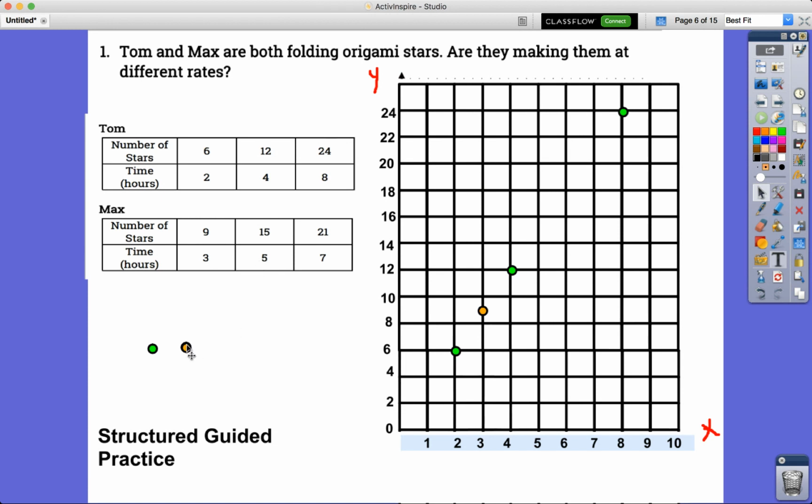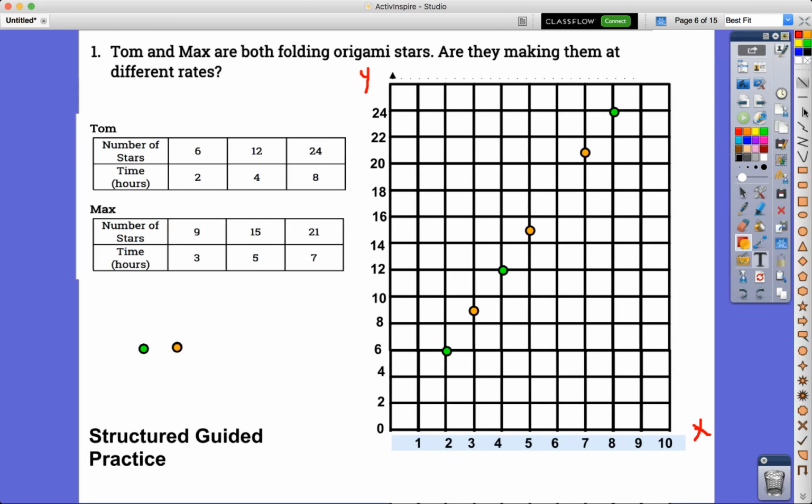When he works 5 hours, he makes 15 stars. When he works 7 hours, he makes 21 stars. Well, if I look at the progression of the dots, it seems like they are going in a diagonal line.